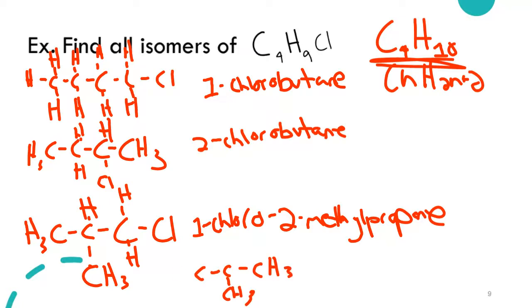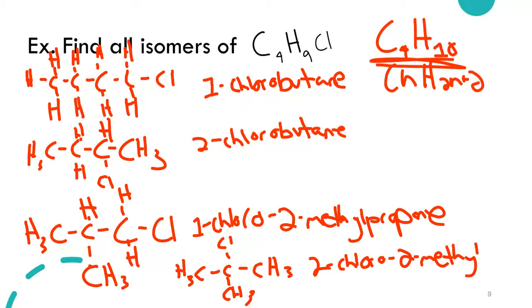So I can have methyl groups on all 3 sides, and then I can also put that chlorine connected to C2. And that should just be 2-chloro-2-methylpropane. Okay. And I don't have any other options, so I can't move anything anywhere else that would give me a different compound. Okay, so I have 4 structural isomers.